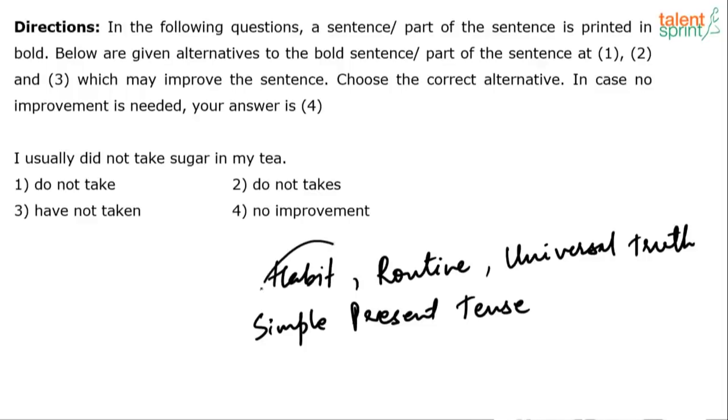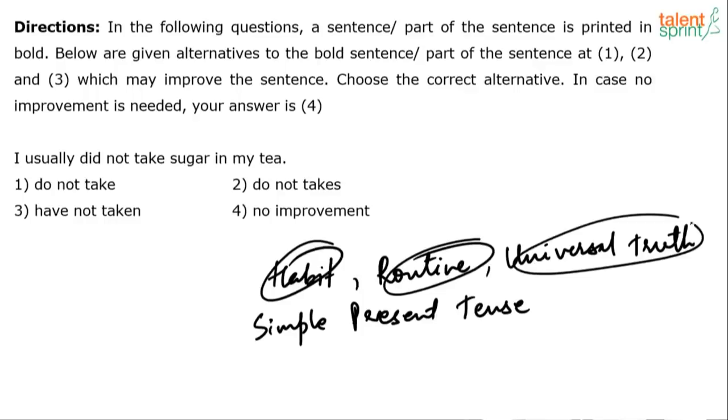So in all these 3 cases, we will always use simple present tense and not any other tense. If you look at the question, did not take sugar. Now, did not take is not in present form, definitely. The present form of did is do. So the correct answer will be do not take. It will not be takes. It will be do not take sugar.